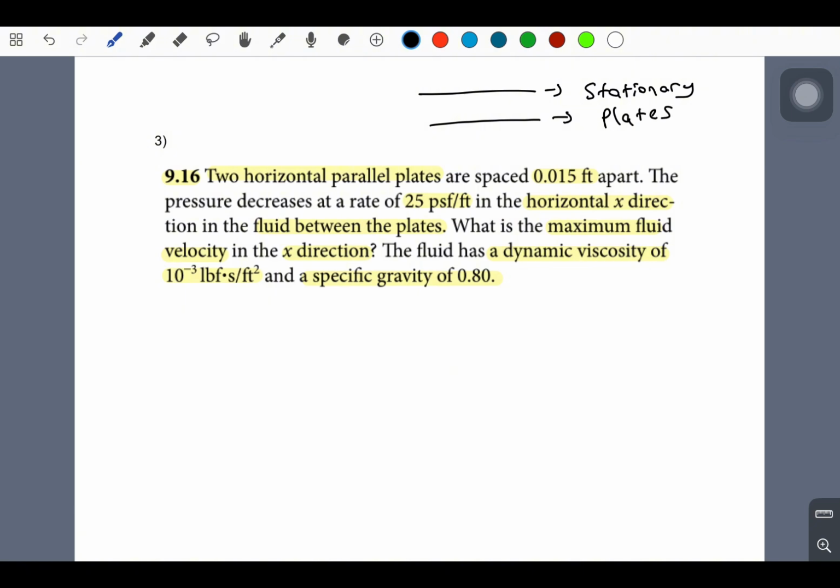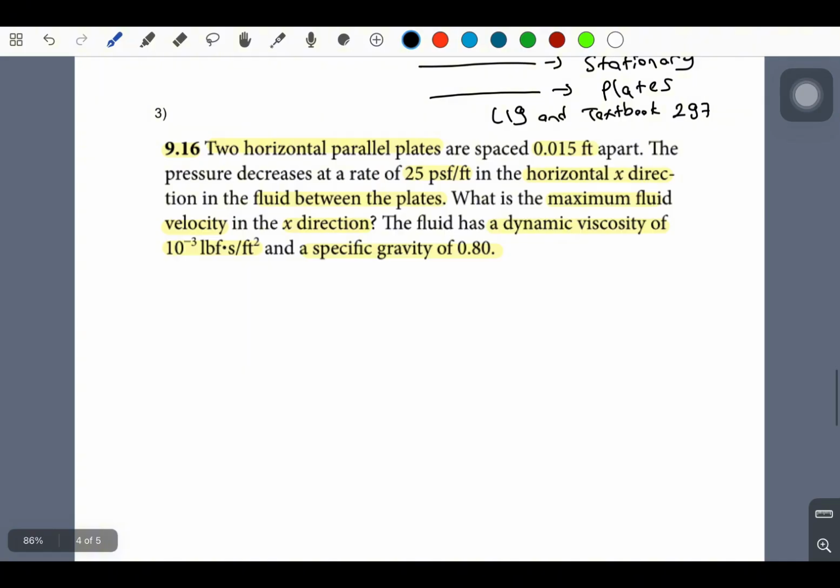You can see that in your lecture 19 and also in the textbook, page 297. So we need to find the maximum velocity.